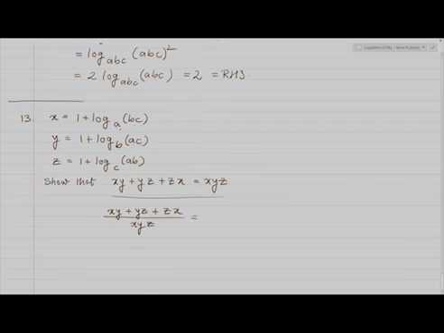The right hand side will be xyz upon xyz, which is equal to 1. Then this is also equal to, xy getting cancelled, 1 by z, plus yz getting cancelled, 1 by x, plus zx getting cancelled, 1 by y, which is equal to 1.